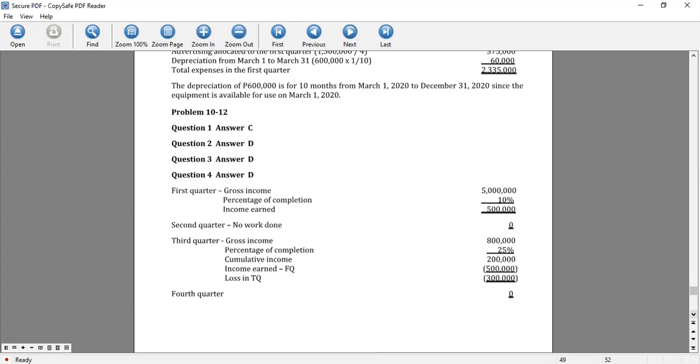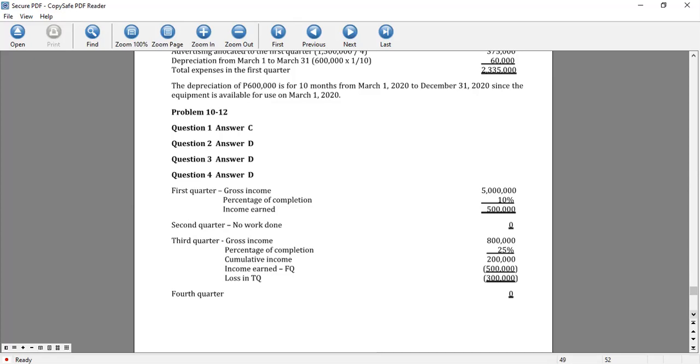Now, since we have already reported an income earned for the first quarter, we have computed the income earned in the above computations of 500,000. So we have the loss in the third quarter equal to 300,000.